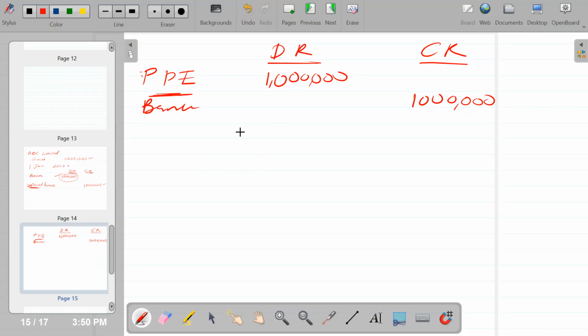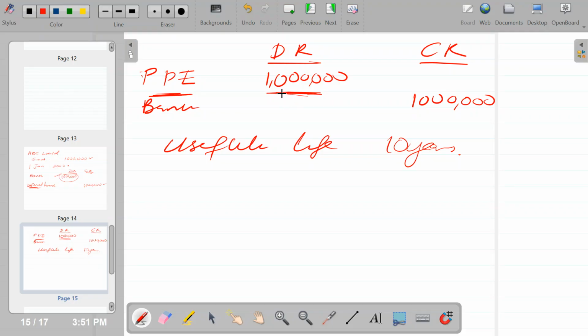Now we have built the factory, and we used the grant to build it. Now this factory has a useful life of maybe 10 years. It means every year we have to depreciate this building.